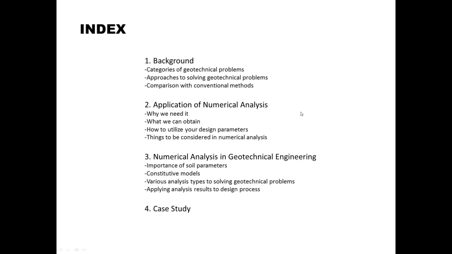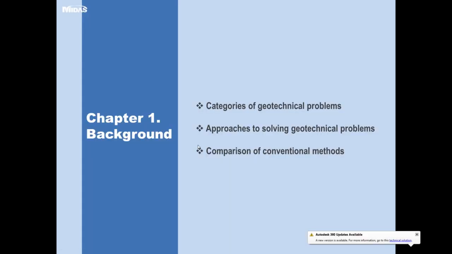And then we'll be going into a study of numerical analysis specifically as how it relates to geotechnical engineering. So we'll go back to the different geotechnical problems that are out there, and we'll discuss the solutions that numerical analysis provides for it. And then last, we'll be going over case studies, specific projects where numerical modeling was used successfully to gain solutions for geotech projects.